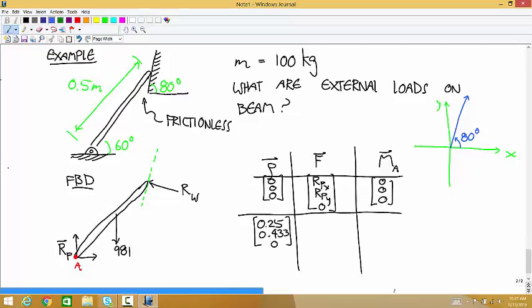And then I know that it's another 90 degrees counterclockwise to get from here to that RW vector. So we have 80 plus 90. That's cosine and sine of 170.